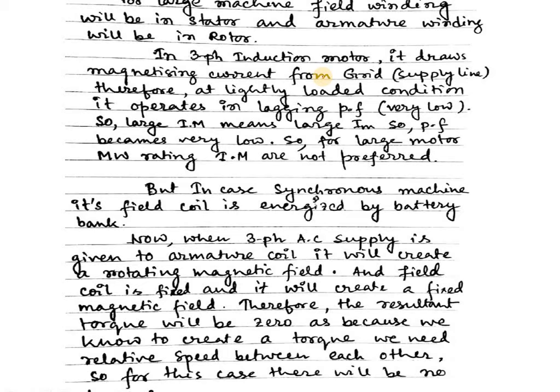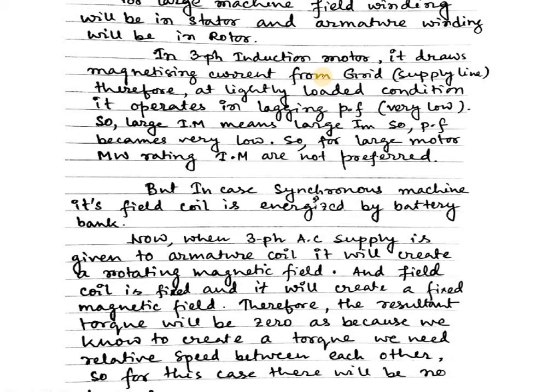Therefore, at lightly loaded condition, it operates at lagging power factor, very low power factor, right? So, a large induction motor means large magnetizing current. So, power factor becomes very low in case of a large induction motor.